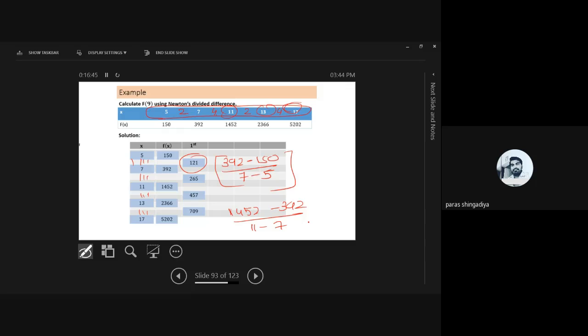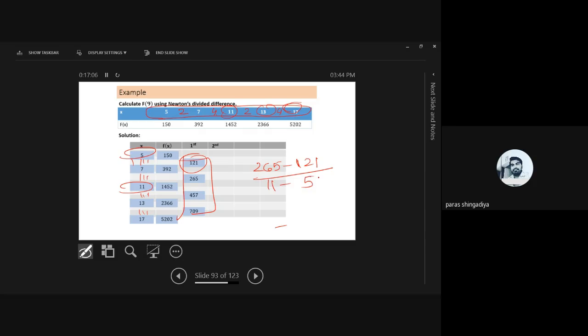And after that, in the second divided difference, the first output will be 265 minus 121. Now consider this new value: 265 minus 121 divided by 11 minus 5.